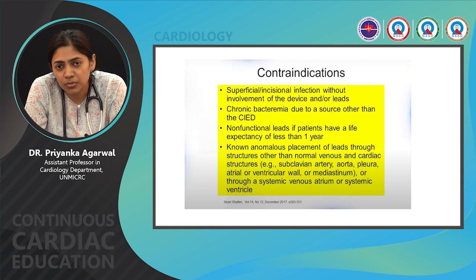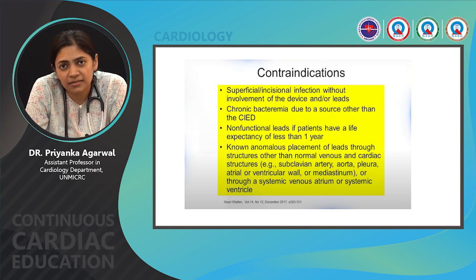Or if we know that the lead which has been placed has taken another route, other than the normal venous or cardiac structure route, like it has gone through the subclavian artery, aorta, pleura or mediastinum, then we should not plan for a transvenous lead extraction, or we can plan a surgical lead extraction in that case.